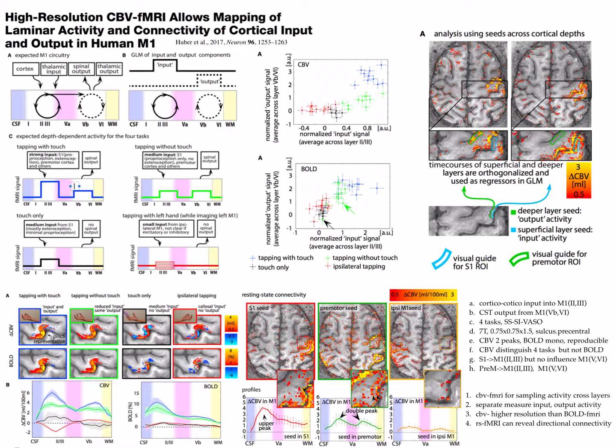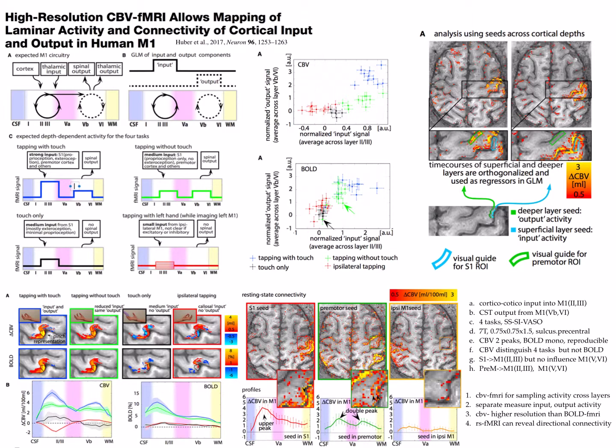It shows that this is precentral cortex, and this part is M1. M1 contains the deeper layer that is supposed to be the output activity region, and the superficial layer in green is supposed to be the input from some other cortical region.